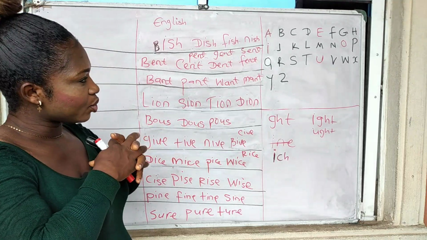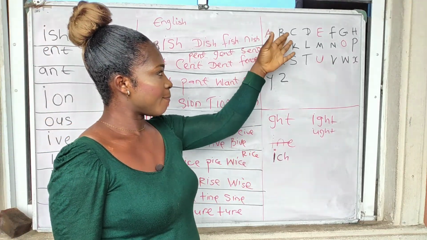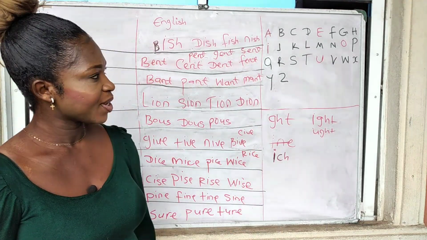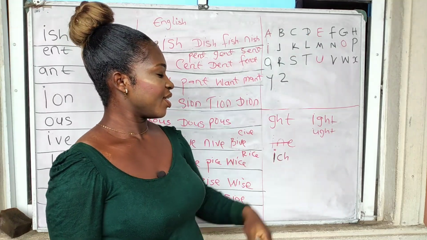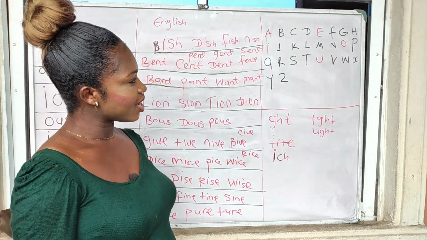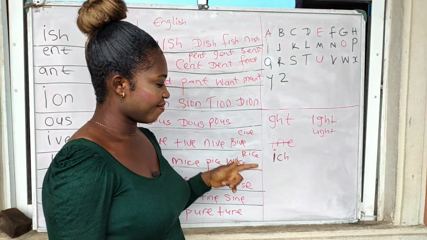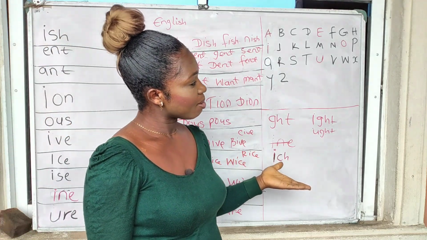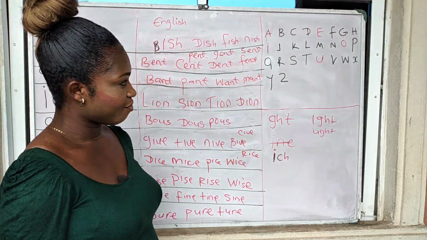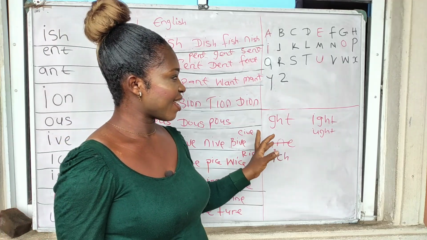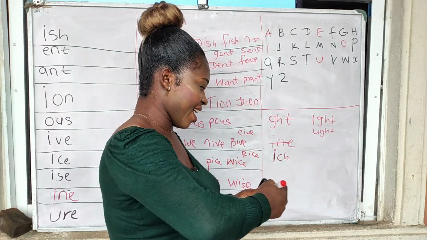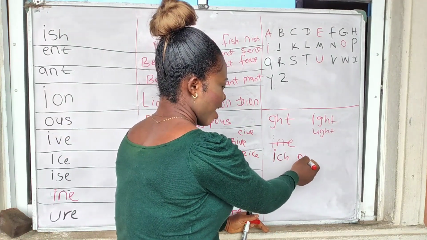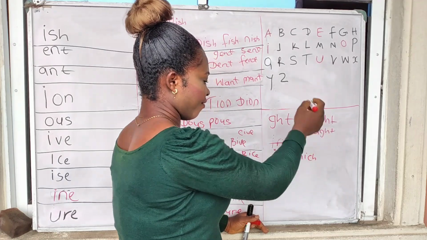For this sound, if I choose B, you have bitch. If I choose D, you have ditch. If I choose F, you have fitch. If I choose maybe M, you have Mitch. If I choose N, okay, let's try N, you have N-I-C-H. I have niche.